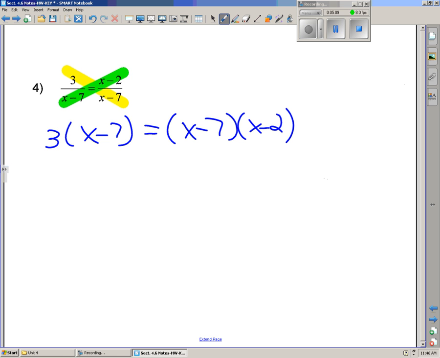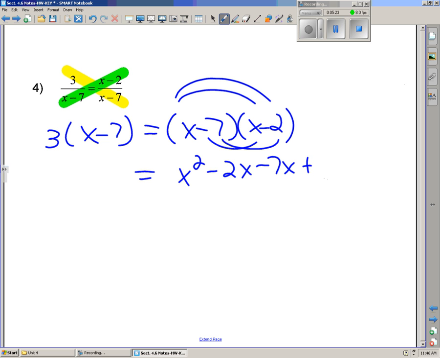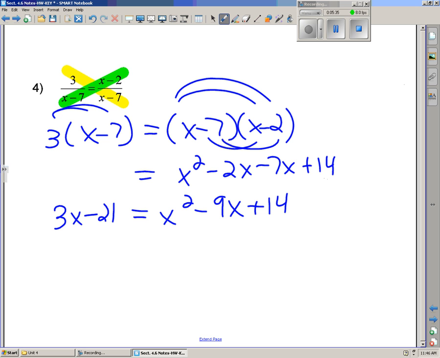On the right, you're going to have to use the distributive property by FOIL. If I FOIL out, x squared minus 2x minus 7x plus 14, which is just x squared minus 9x plus 14. On the left, when you distribute, it's just 3x minus 21.